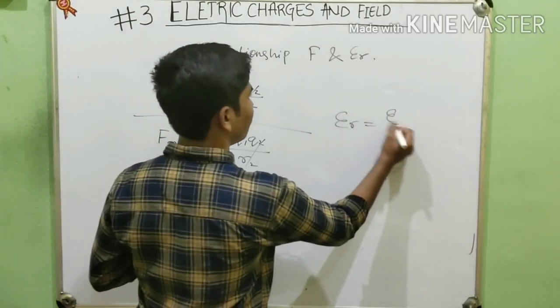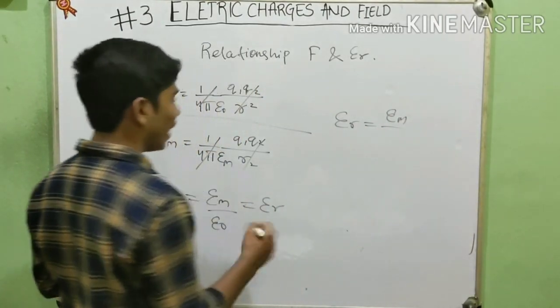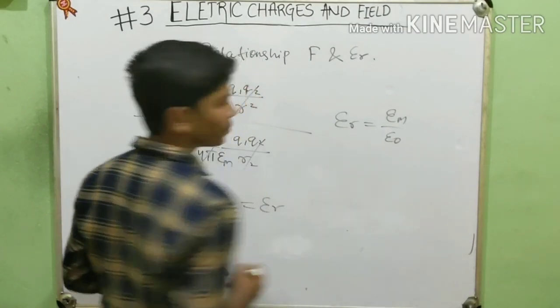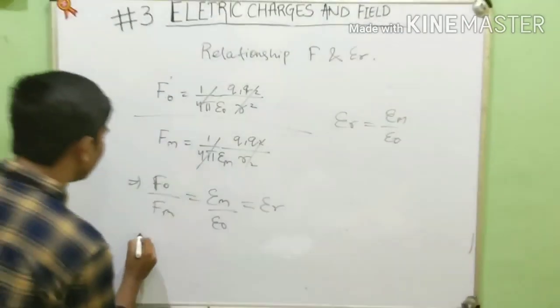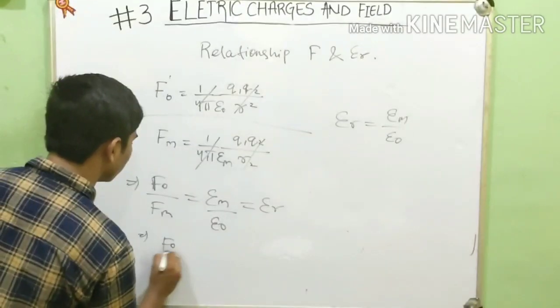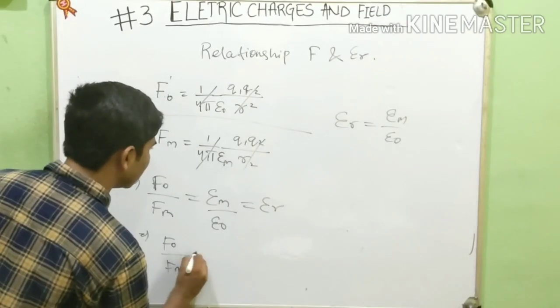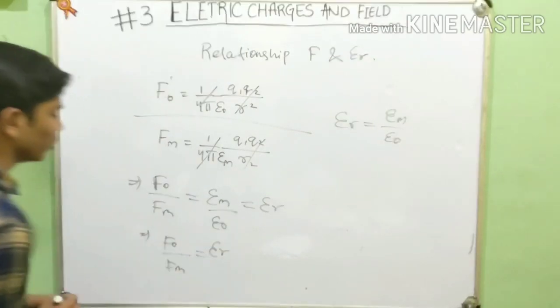Permittivity of medium by permittivity of air. So we can write F naught by F medium is equal to relative permittivity.